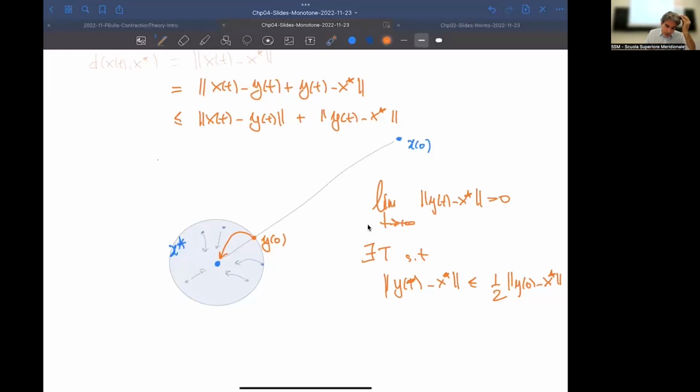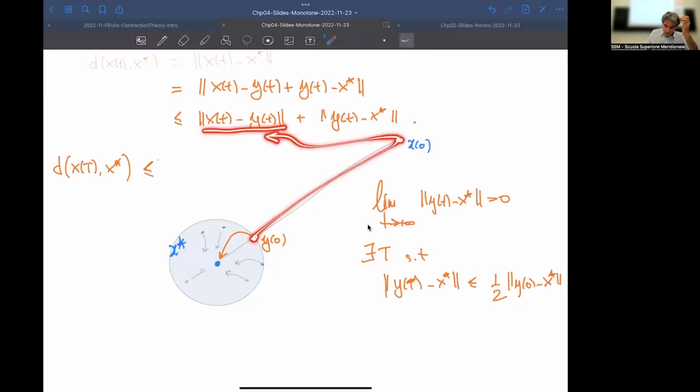And now I can come back up there and say that the distance between x at time t, the solution from the point x at 0, and x star is upper bounded by the following. The first term is the distance from x at t to y at t.